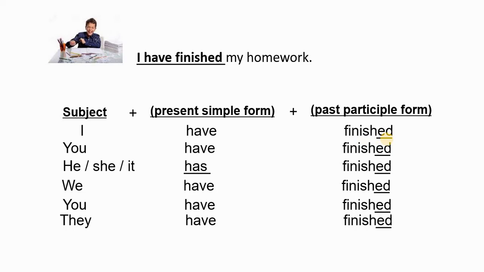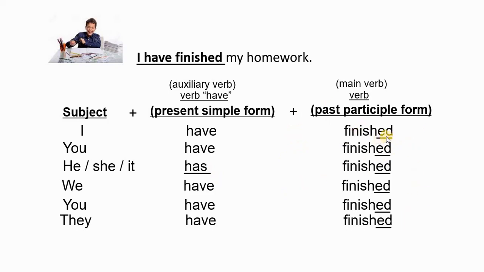And this part here, the verb have, we are using have as an auxiliary verb. And the important part here is the third person singular. He, she, it has, it changes, it is has. And this one here is the main verb.